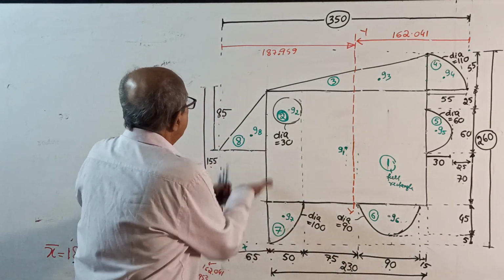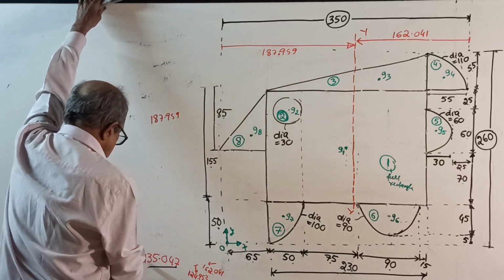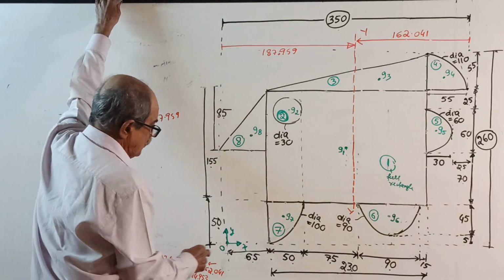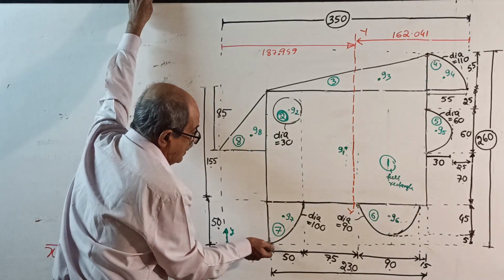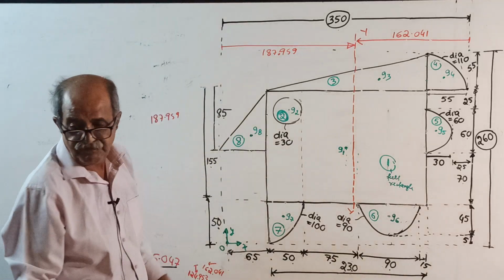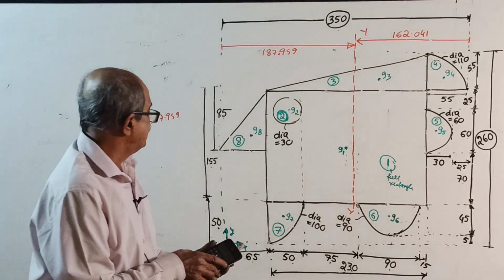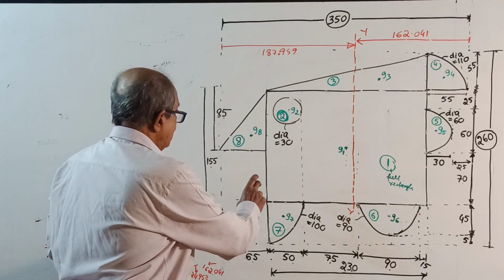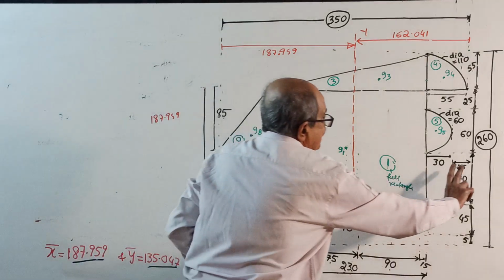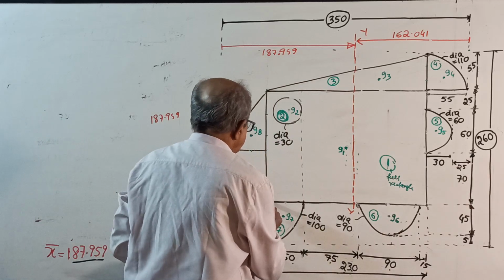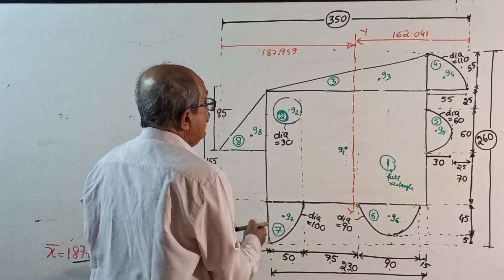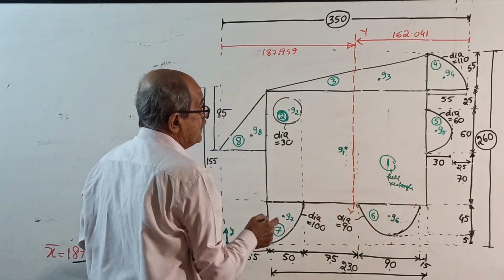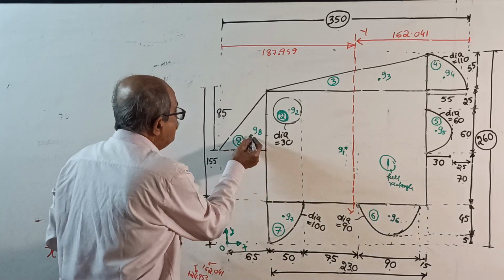Then vertical Y bar is 135.047. See here. From here, Y 50 radius, furthermore 50 plus this gap is 70. See, 70 here. 50 plus 70 is 120. But you got 135, so above this level, but very important, is it above this level?